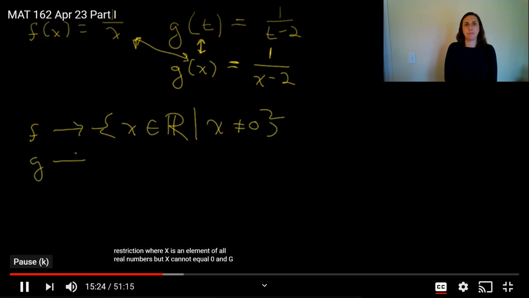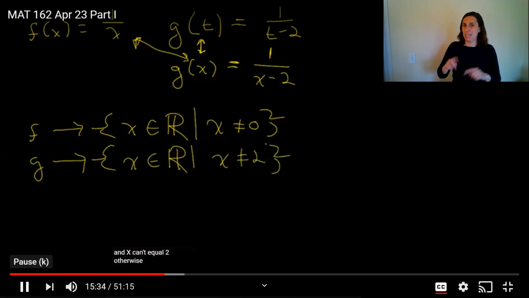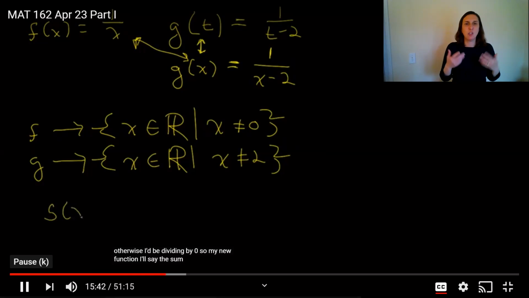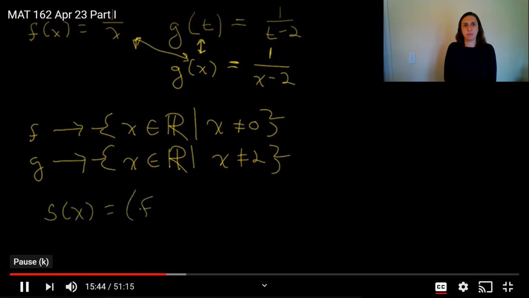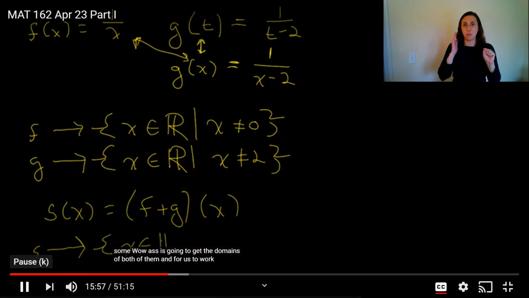And g, when I shift it over, says x is an element of all real numbers, and x can't equal 2. Otherwise, I'd be dividing by 0. So my new function, I'll say the sum, where I combine them together with the sum. Well, S is going to get the domains of both of them. And for S to work, x has to be an element of all real numbers.